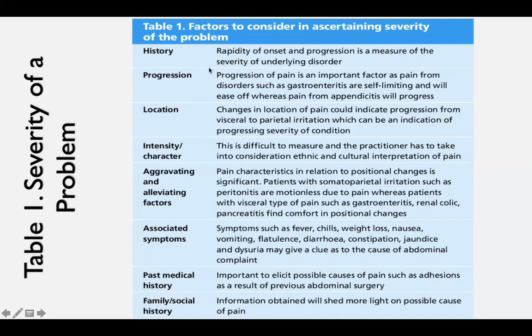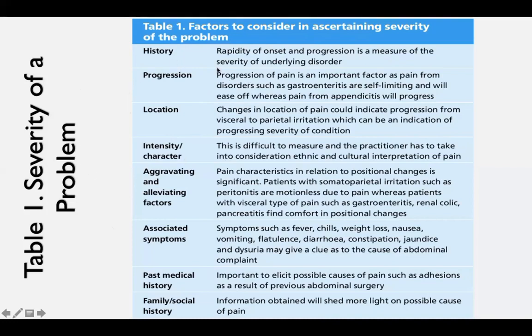When you are taking a history, this is how you proceed. You take the history of the problem, the progression of the problem, the location. This is another way of taking a short history, and then you know the severity of the existing problem or the chief complaint.